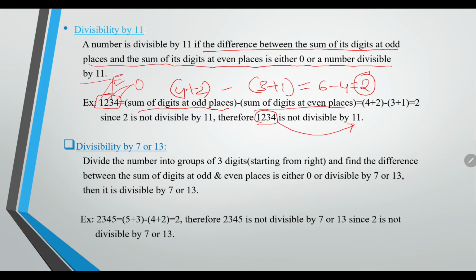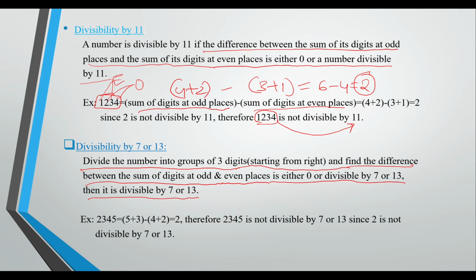Next, divisibility rule of 7 or 13. Divide the number into groups of 3 digits starting from the right and find the difference between the sum of its digits at odd and even places. If it is either 0 or divisible by 7 or 13, then it is divisible by 7 or 13. This rule is applicable for both the numbers.